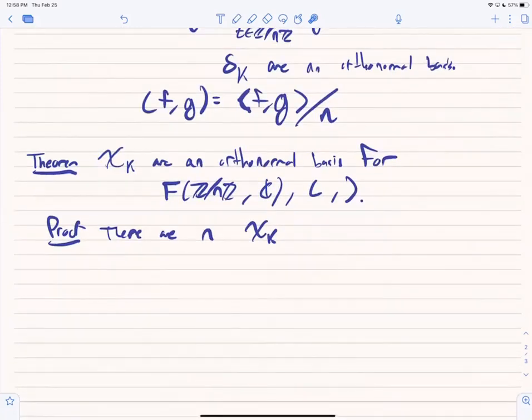There are n of these chi k, and so it suffices to show they're orthonormal.